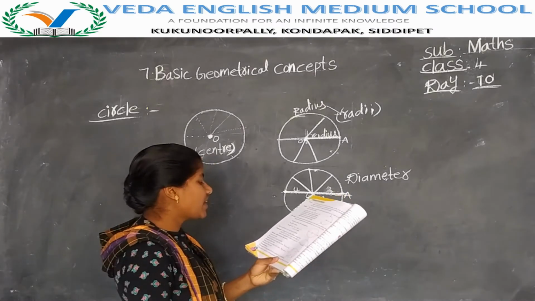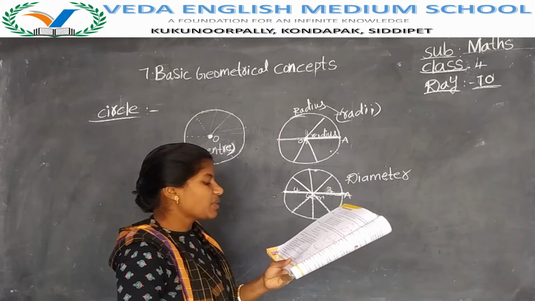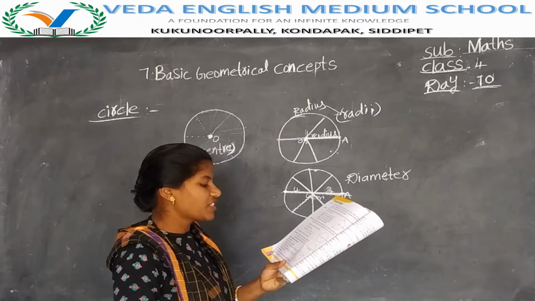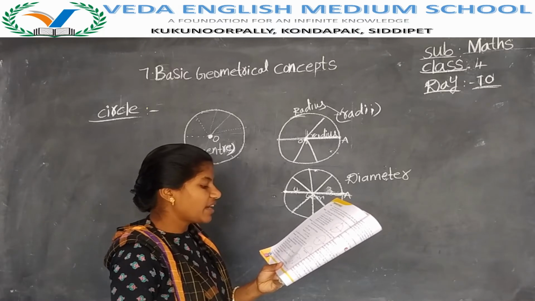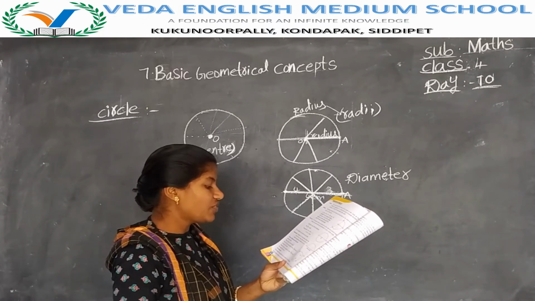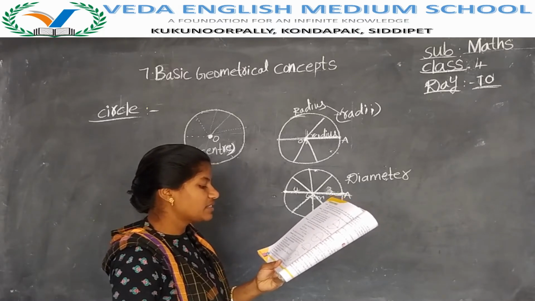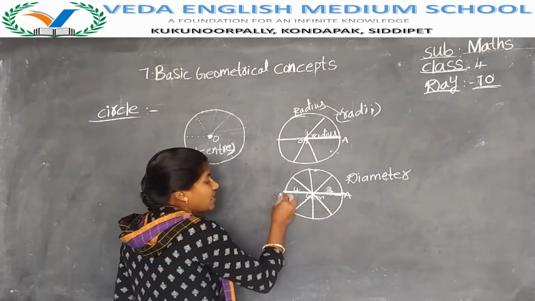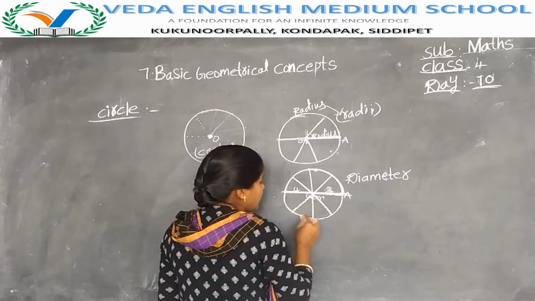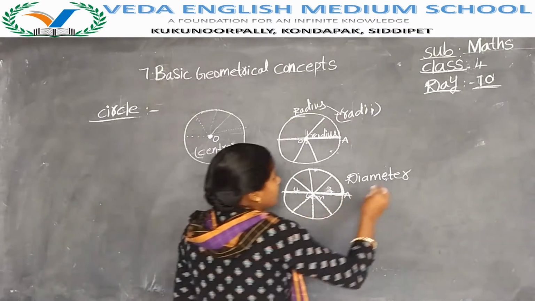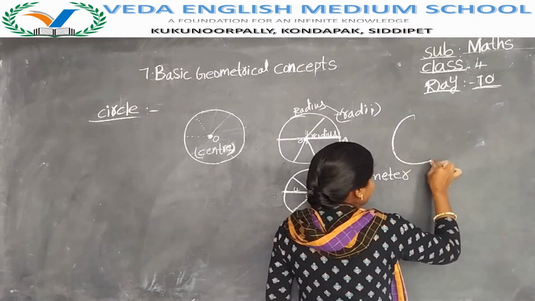Then after the diameter, semicircle. A diameter of a circle always divides the circle into 2 equal parts, and each of these 2 equal parts is called a semicircle. It is one half, it is another half. See, I'll draw one more circle here.